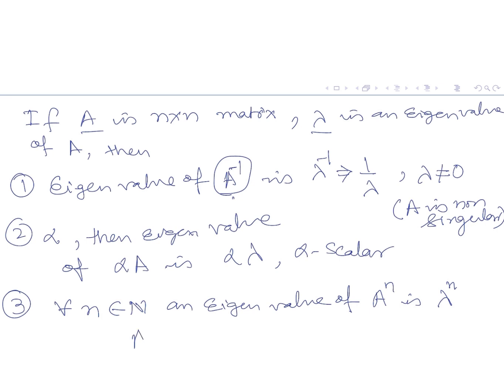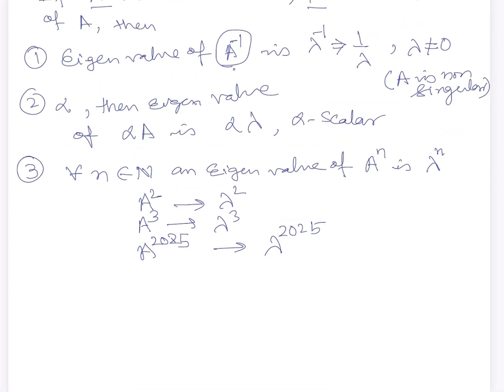Which means for A square the eigenvalue is lambda square, for A cube the eigenvalue is lambda cube, and for A to the power 2025, what is the eigenvalue? Lambda to the power 2025. Simple cases. Okay.